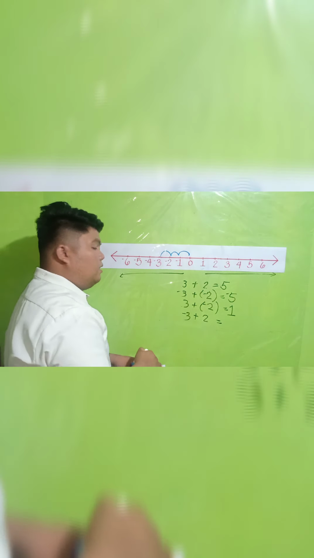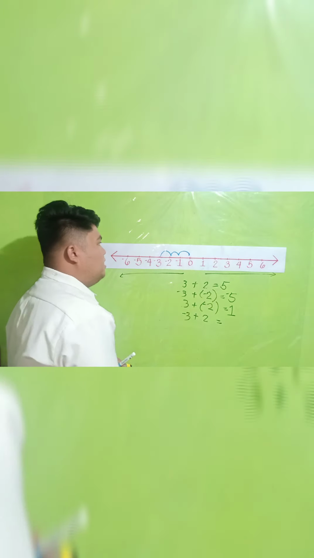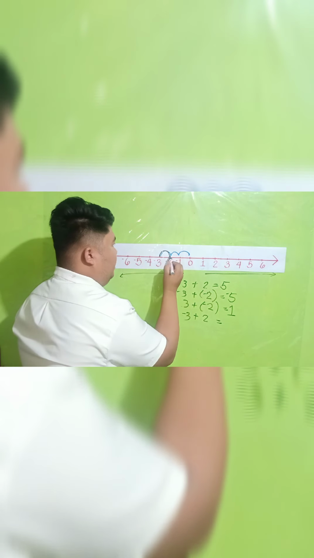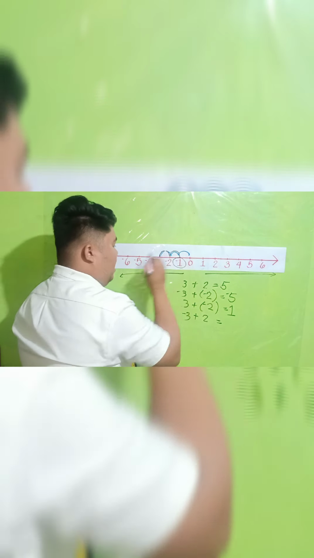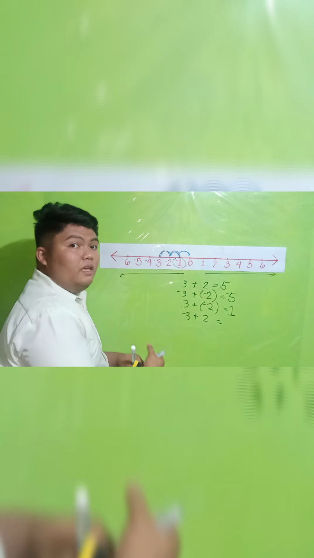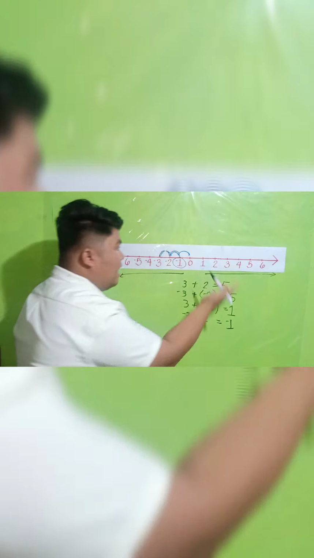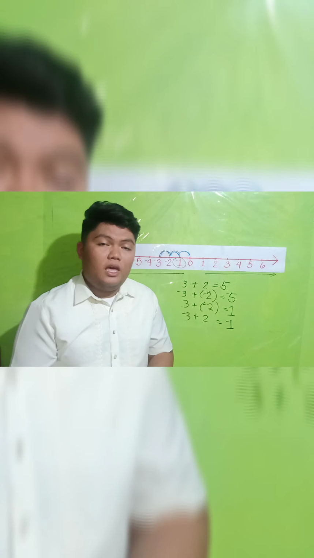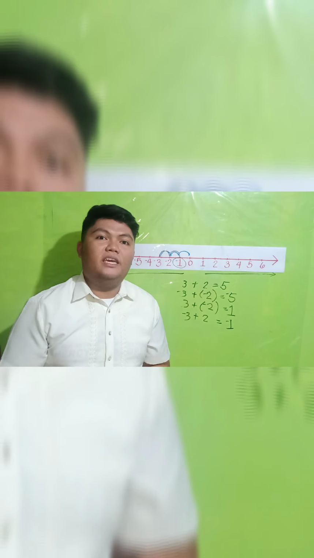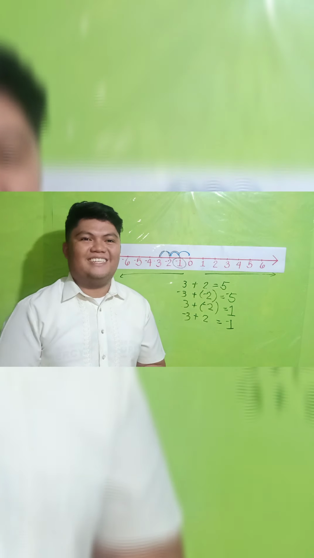Then, we have positive 2. So, move 2 places to the right. 1, 2. So, the answer is negative 1. So, that is how we use the number line in adding integers.